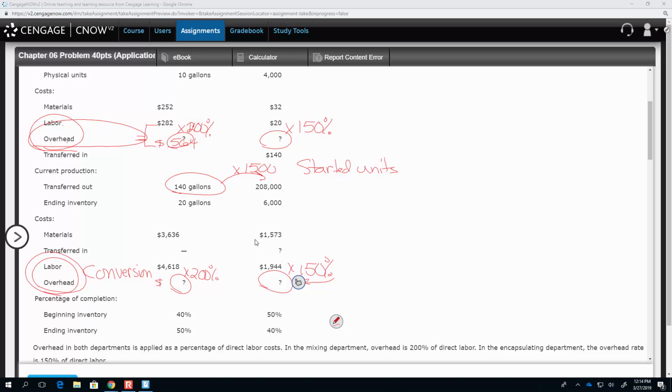Now, this is set up very similar to our problem 64. I'm going to split it in half here. This is our beginning WIP info. This is our current info below it. And then again, just like our problem, the percent completes are on the bottom.